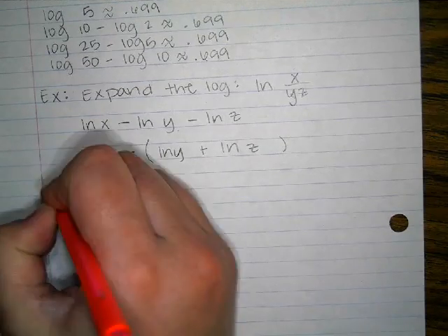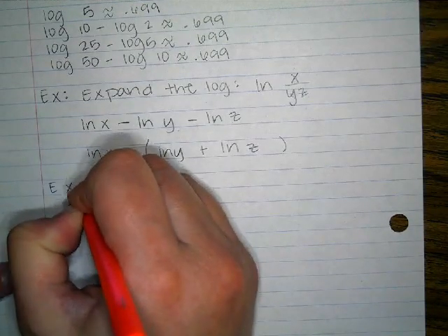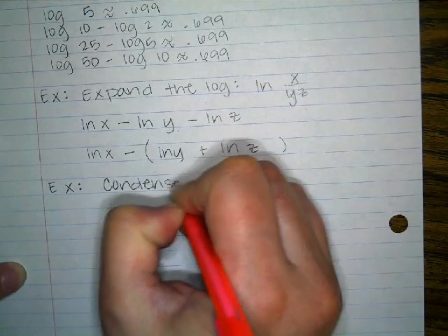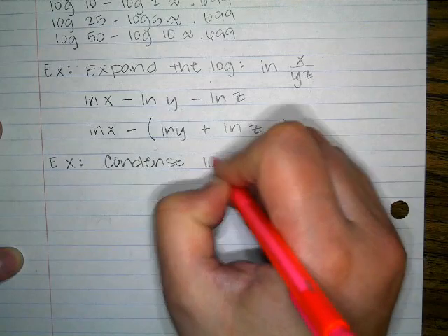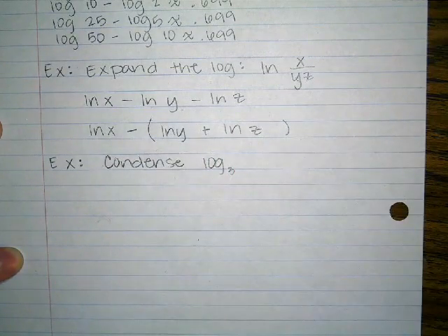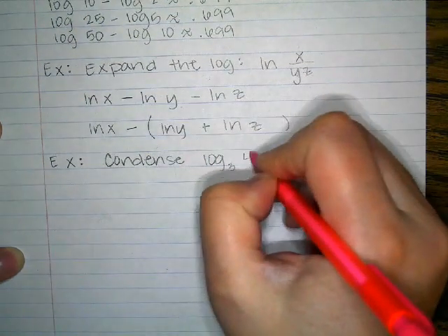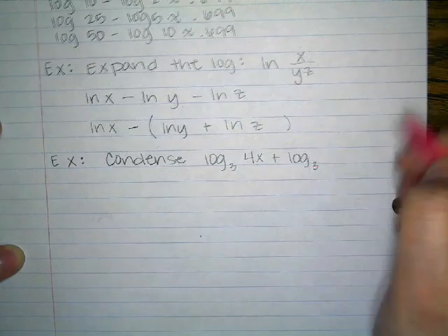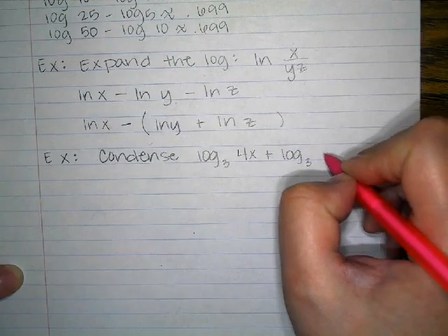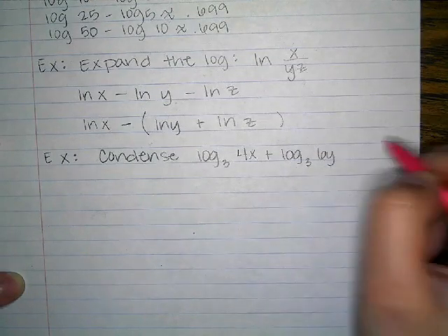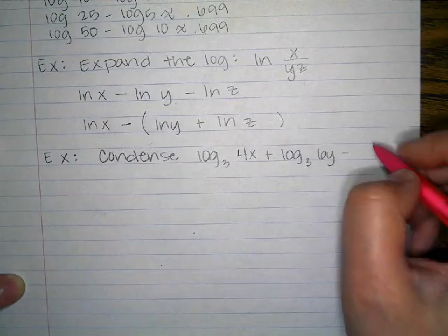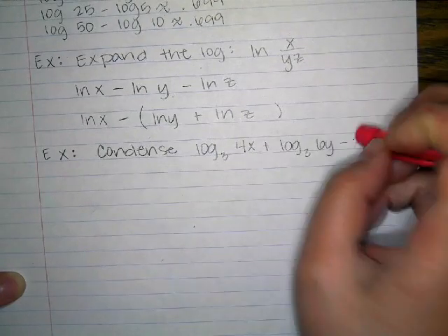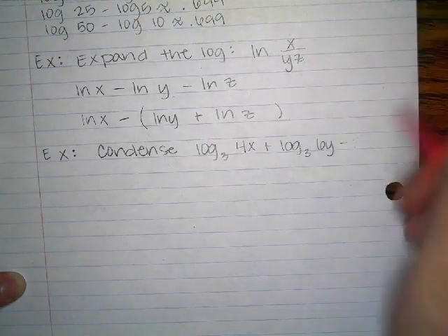Let's try condensing one. Let's say condense log base 3 of 4x plus log base 3 of 6y minus log base 3 of 2z.